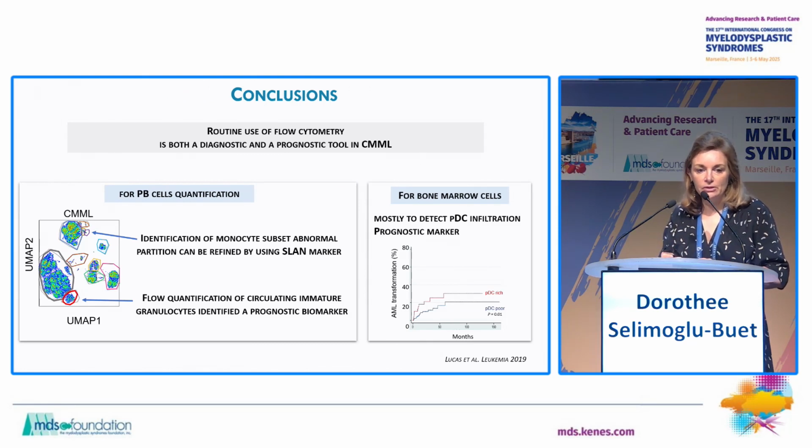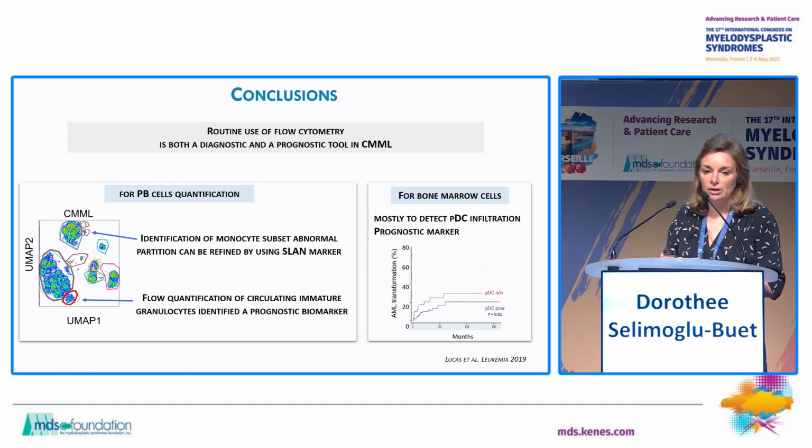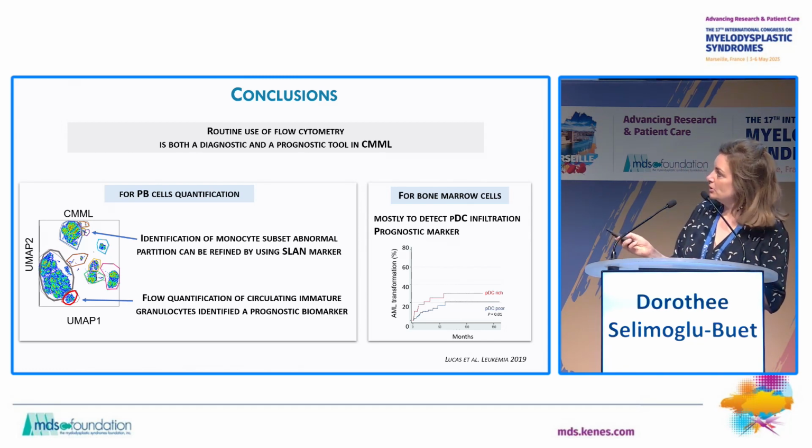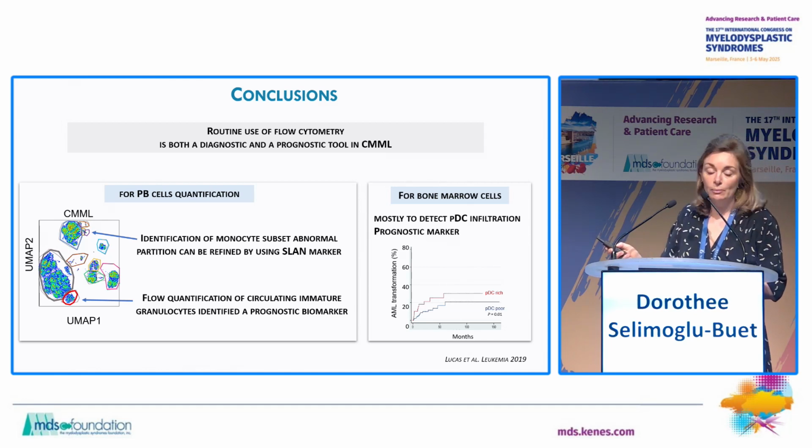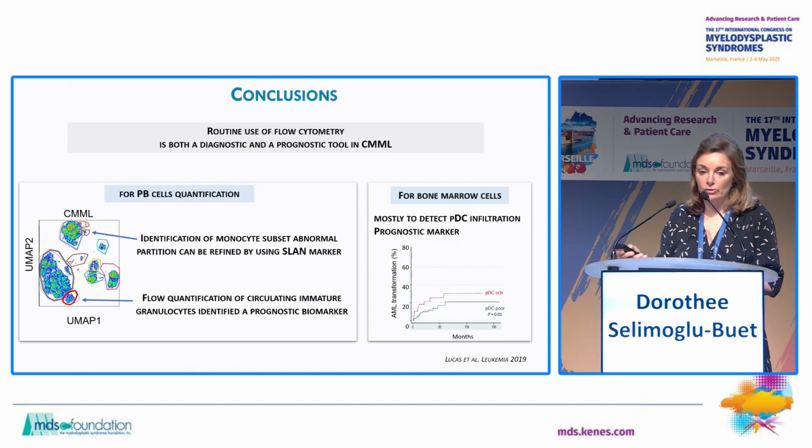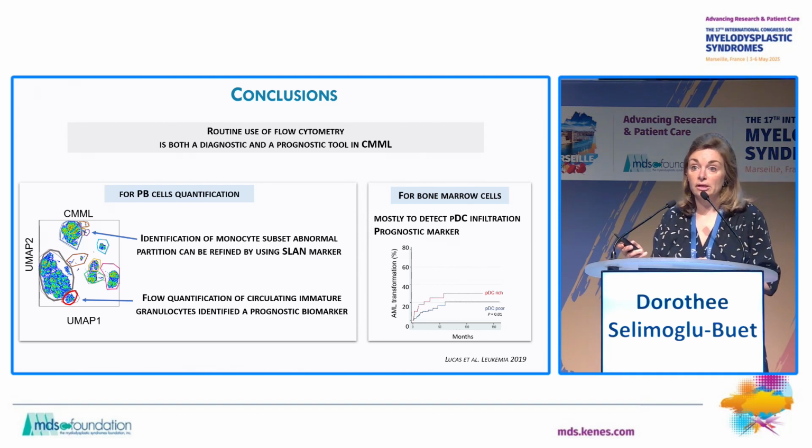So, in conclusion, using flow cytometry in routine is an important tool for both diagnosis and prognosis. For peripheral blood cell quantification first, the identification of the monocyte subset abnormal partition is a very interesting tool to diagnose CMML, and it can be refined by using the SLAN marker in case of inflammatory CMML.